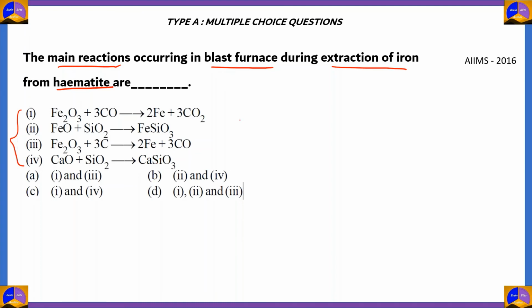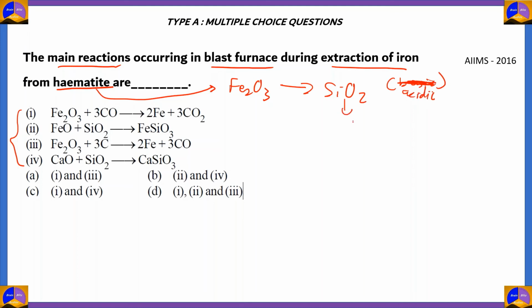So extraction of iron is from hematite, and hematite is Fe2O3. And it has the impurity SiO2. Now this impurity is acidic. So therefore, we must have a basic flux added to it, which is CaO.